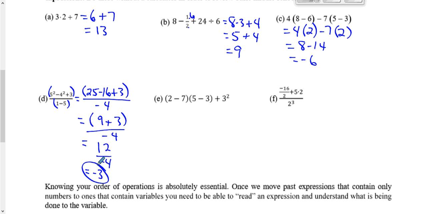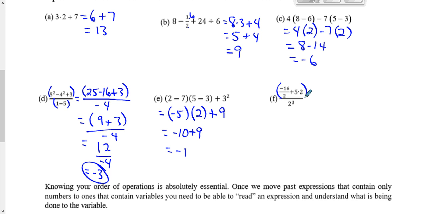So let's do the parentheses work here first. 2 minus 7, negative 5 times 2 plus, and I might as well do that now instead of putting another line in there. Right? 9. So now I have to do what operation? Okay, and what do we get? Negative 10 plus 9. What is negative 10 plus 9? Negative 1. All right?